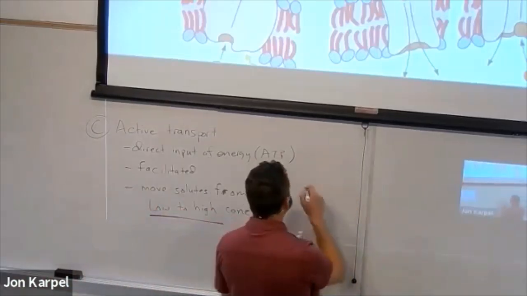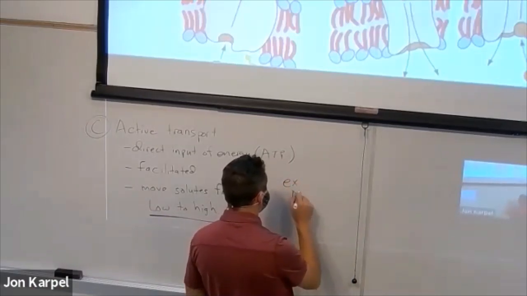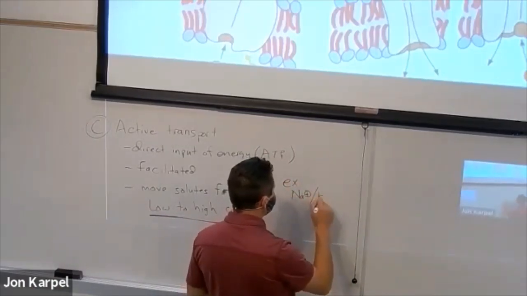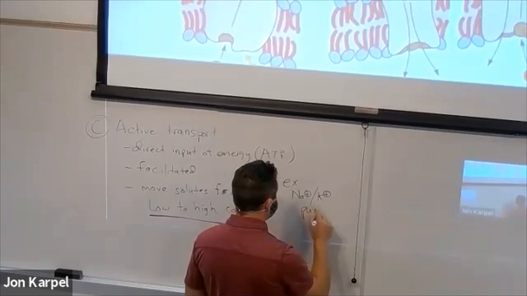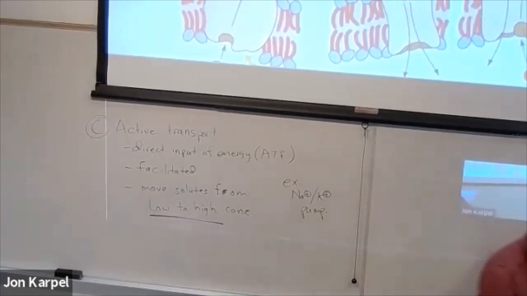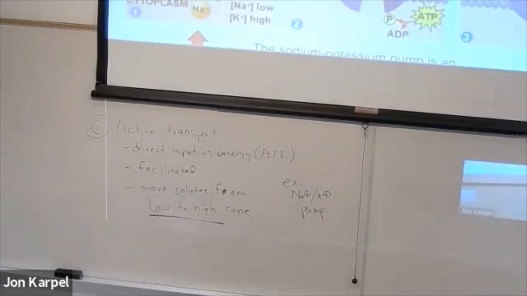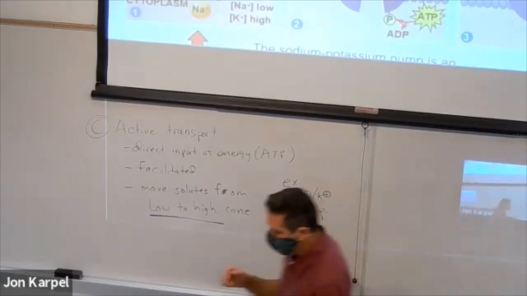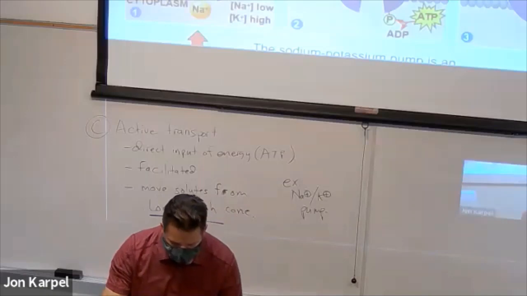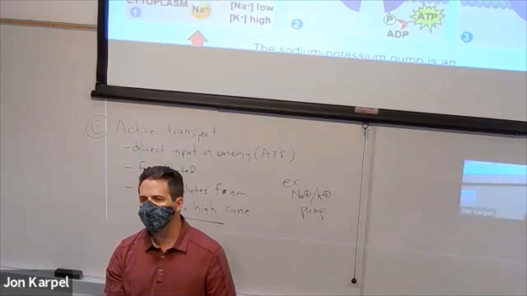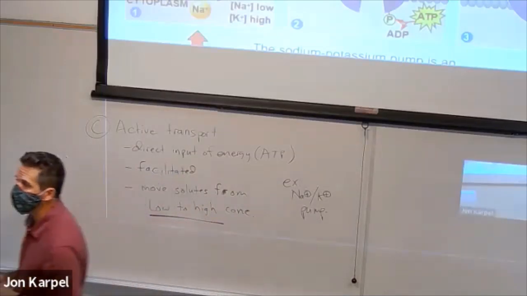The classic example is the sodium-potassium pump. It's an antiporter that moves sodium in one direction and potassium in the other, each cycle. And it uses ATP to do that.